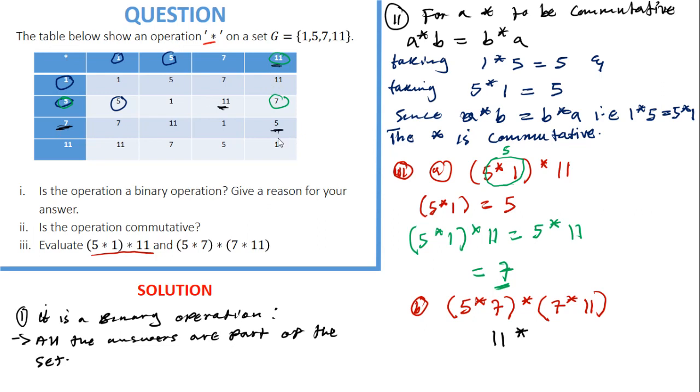It's giving me 5. So this side I have 5. So after I have that, I can simply do 11 star 5. So I'll go 11, I star it with 5, and it's simply giving me 7. So the answer here is simply 7. So this is the solution for this particular question.